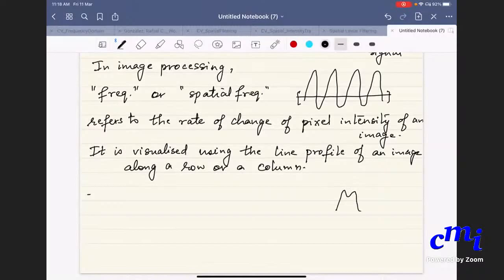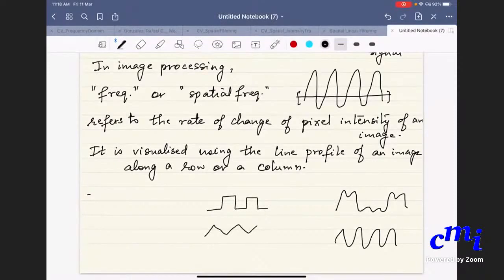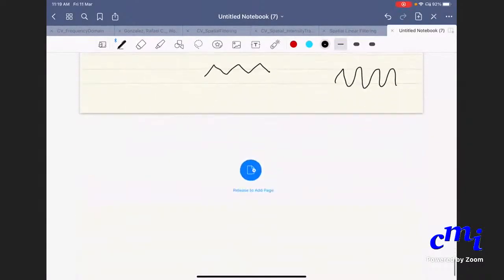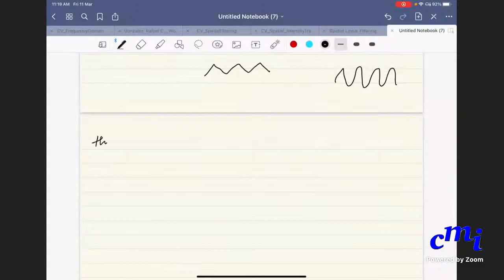You can write this as a sum of sines and cosines, a linear combination of sines and cosines. Non-sinusoidal will be something like this, or something like this.